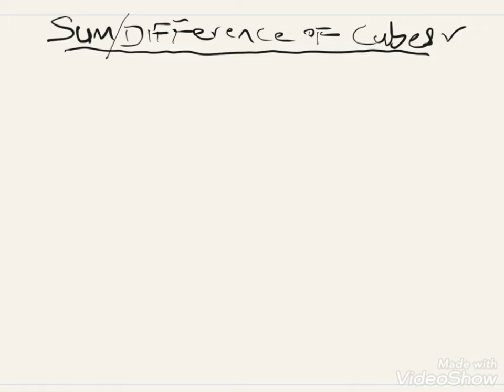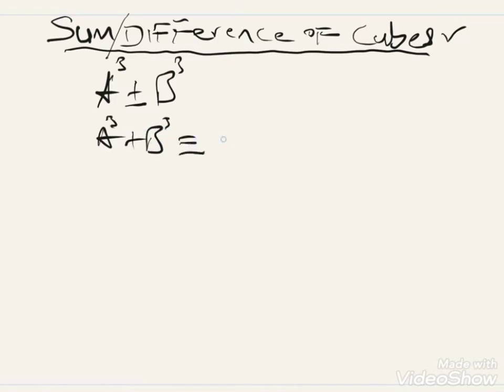Suppose you have a binomial of the form a plus or minus b, all raised to the power 3. For the plus sign, it is a cube plus b cube. Its formula is: a cube plus b cube is equivalent to the linear factor a plus b, then the quadratic factor having the square of a.